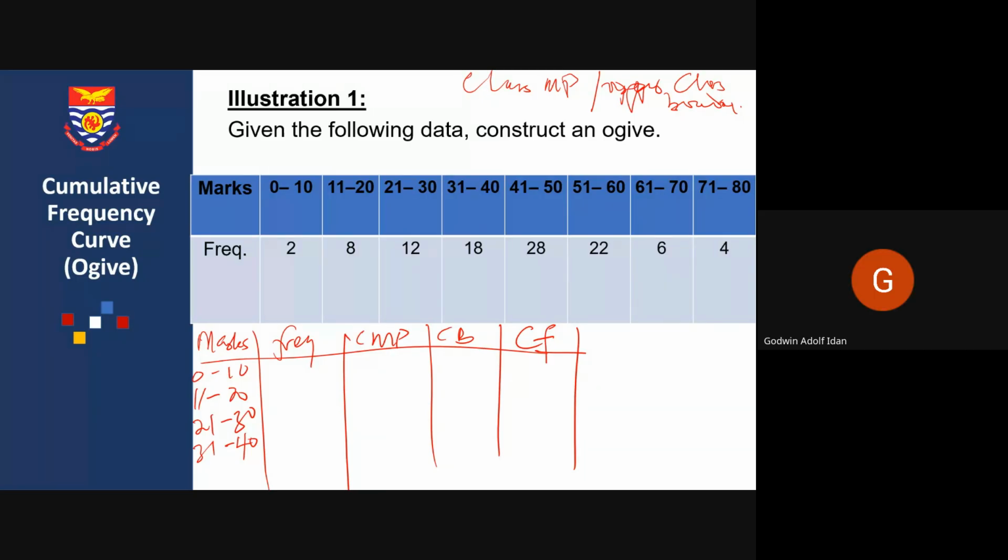So how do we change it to class boundary? Who is helping us? Yeah, Mercy.